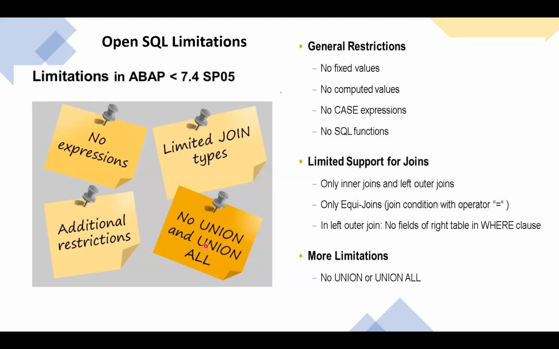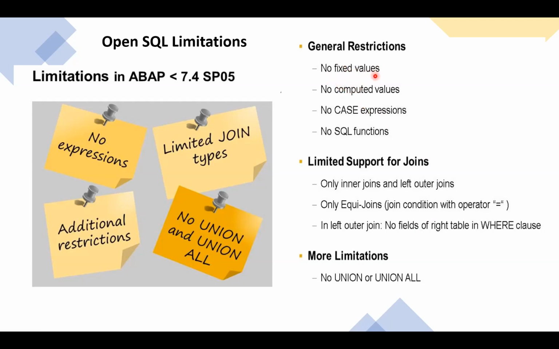There is limited support for joins: inner joins and left outer joins, equi joins and left outer joins, and no fields of the right table in the where clause. That is why we say it's OpenSQL, because it has limitations.